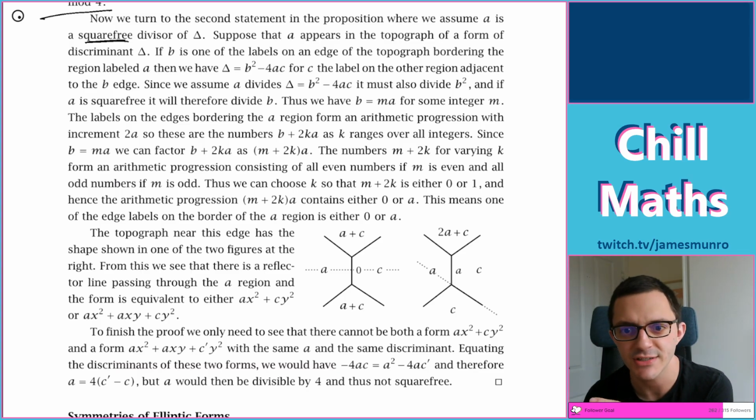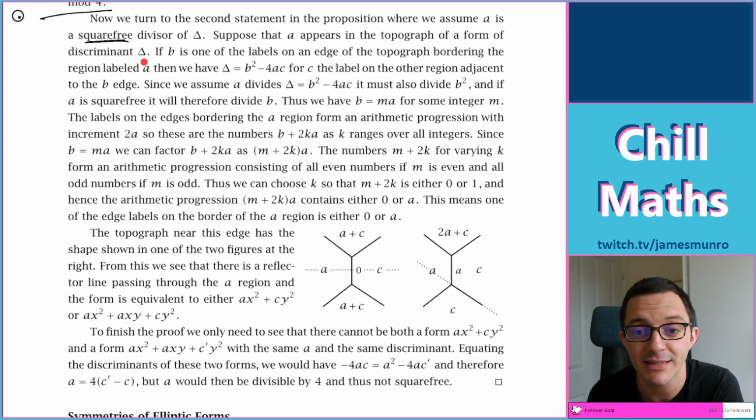Okay, I can see some reflections down there as well. Suppose that A appears in the topograph of a form of discriminant delta, which it can do. We just proved it can do, provided that A is an odd factor or twice an odd factor, which I think we're still assuming.